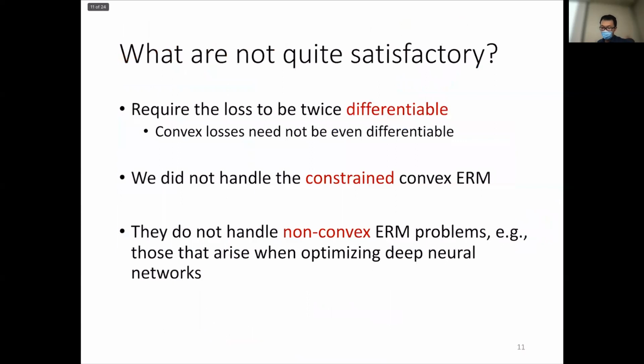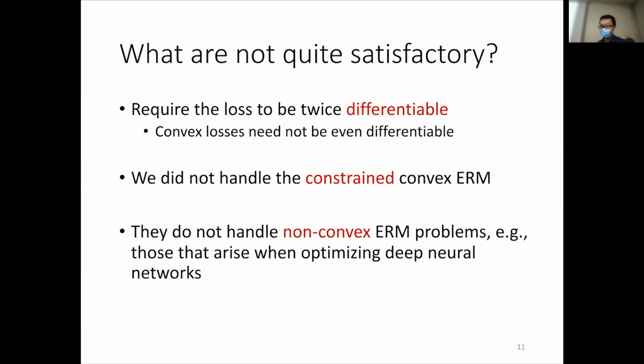Okay, so far we've seen two algorithms for convex empirical risk minimization, and their privacy and utility analysis. On the other hand, they do not solve the full family of convex empirical risk minimization, because sometimes all we want to assume is that these functions are convex, and sometimes we want these methods to naturally extend to the non-convex world.